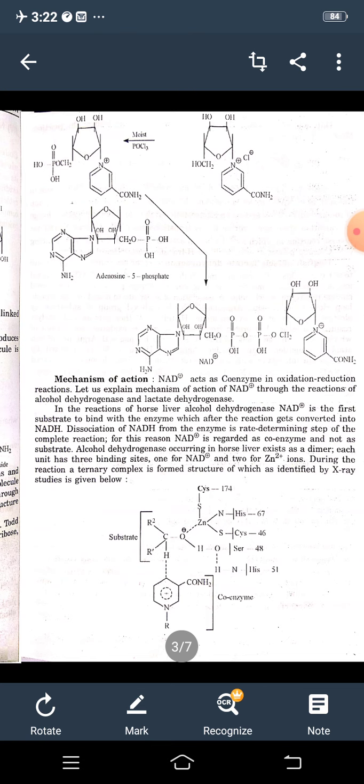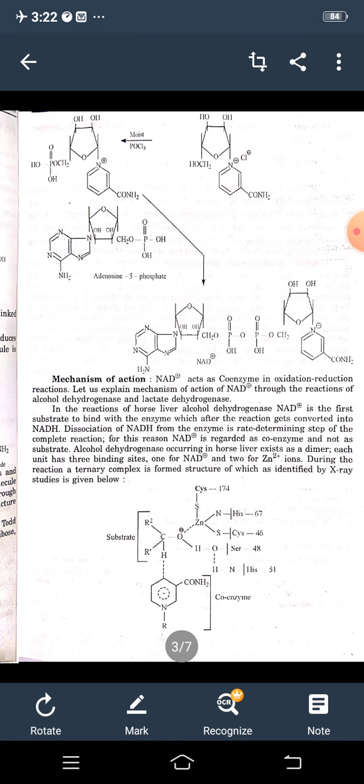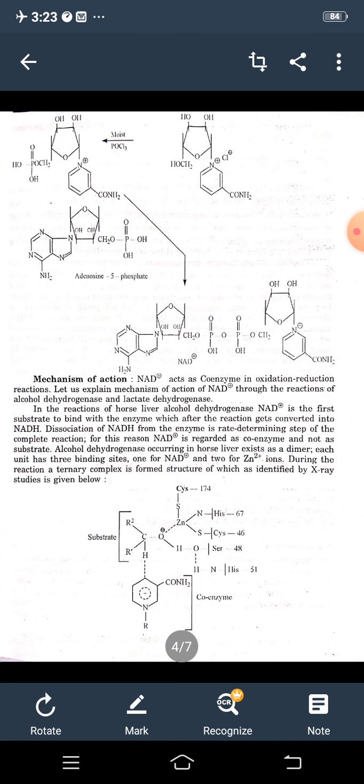For this reason, NAD plus is regarded as coenzyme and not as substrate. Alcohol dehydrogenase occurring in horse liver exists as a dimer. Each unit has 3 binding sites, one for NAD plus and 2 for zinc 2+ ions. During this reaction, a ternary complex is formed, the structure of which is identified by X-ray studies as given below.